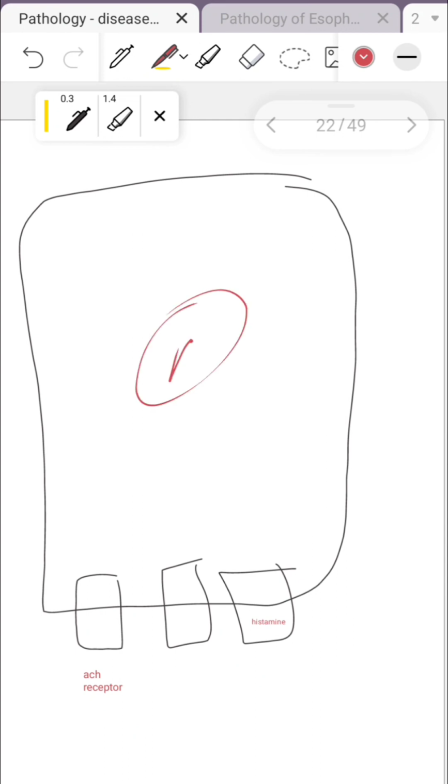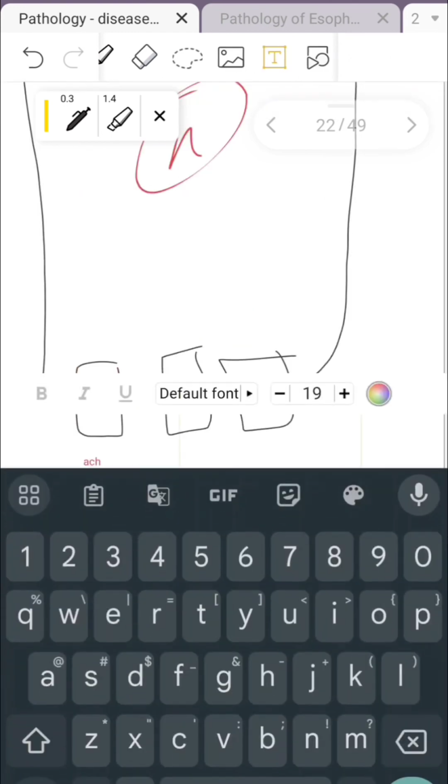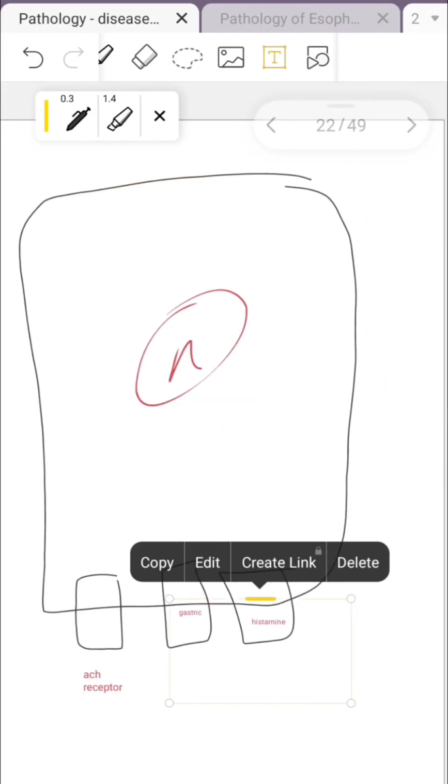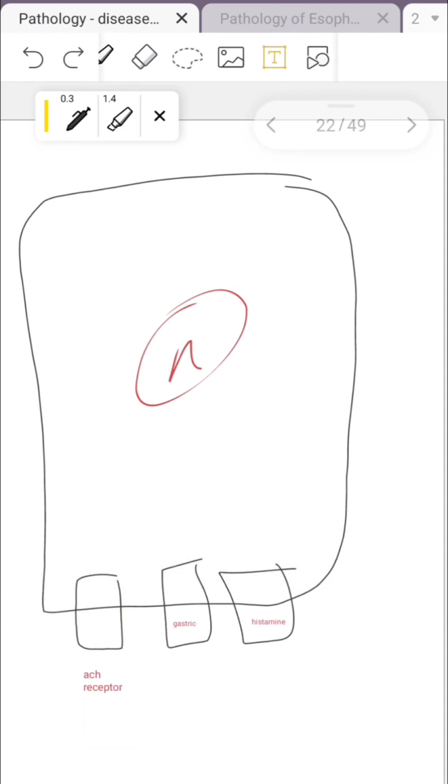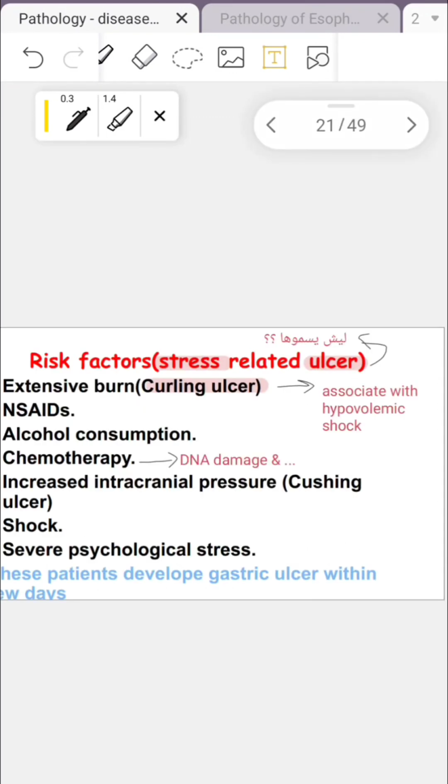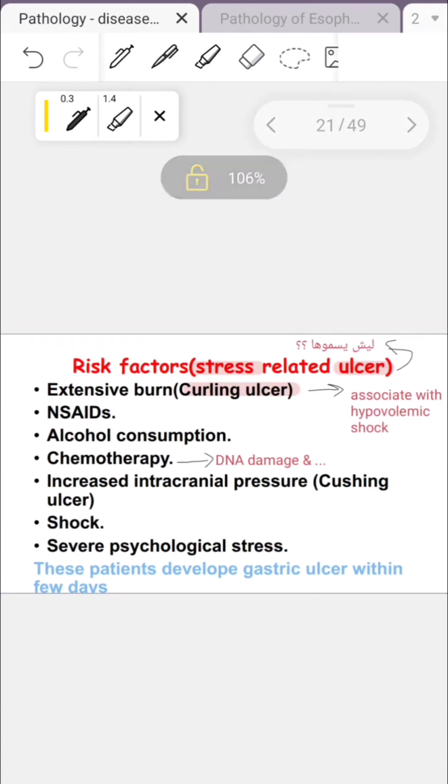Shock: what happens in shock? Someone in shock, about to die, what does the body do? Splanchnic vasoconstriction. Right? It is not the time for everything; the blood and circulation will be shifted to the vital organs, the brain and heart.